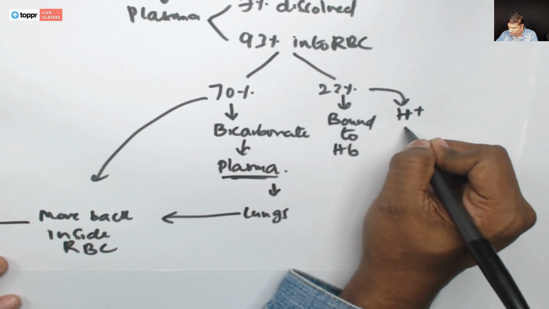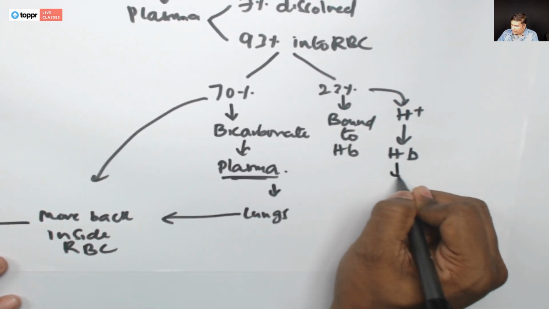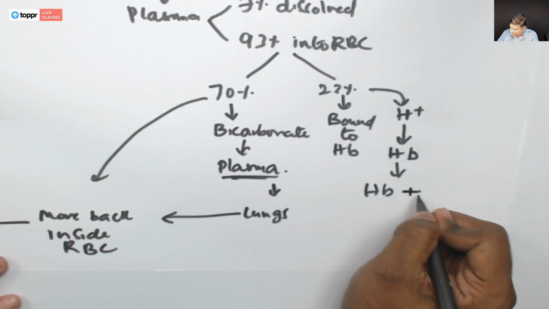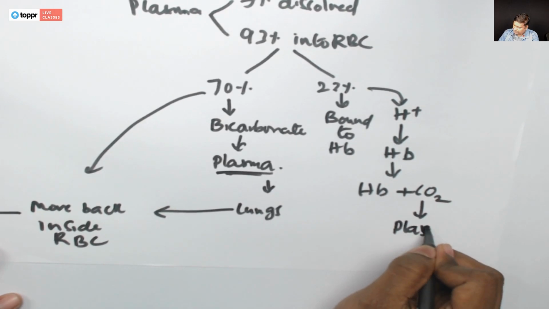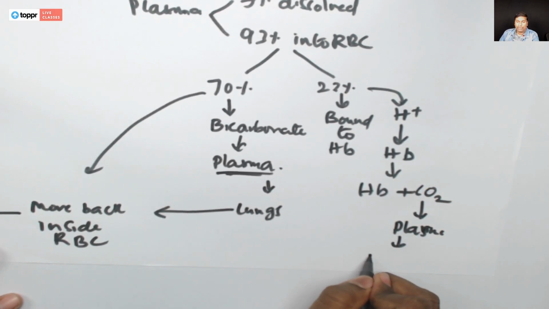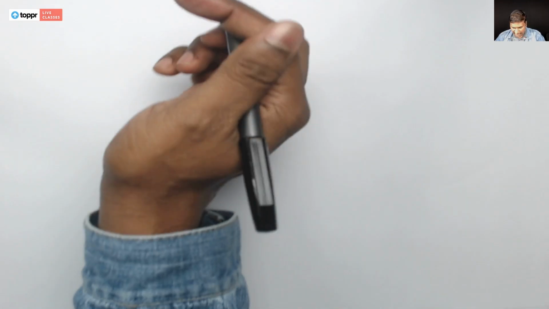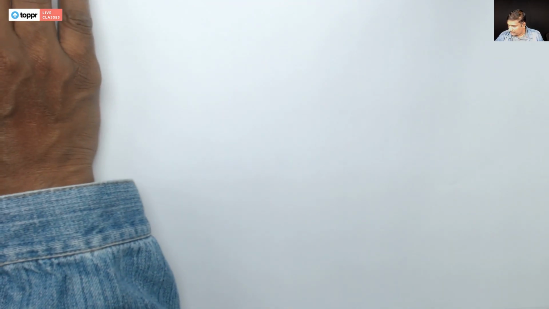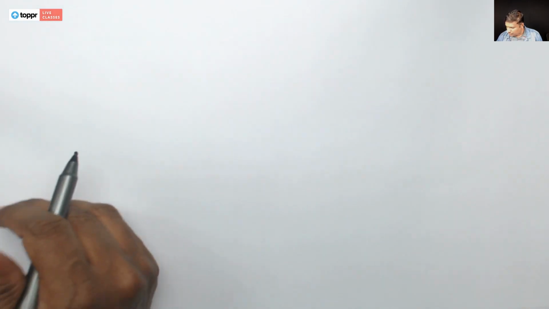This causes a conformational change in the hemoglobin, and the hemoglobin will now split into Hb plus CO2, and this CO2 then enters the plasma, and from plasma to alveoli, and is finally released out. So this is the fate of carbon dioxide from the tissues all the way to the lungs, and from the lungs into the alveoli, and finally disposed of. So that is about the transport of oxygen to the various tissues and the transport of carbon dioxide from the various tissues to the lungs.